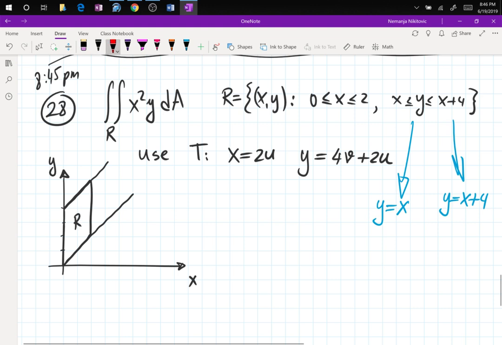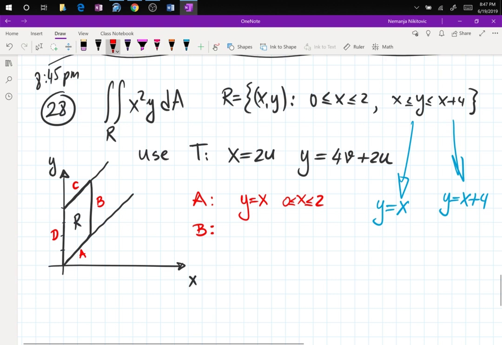For this region R, I have 4 parts that I need to transform. So now I have to figure out what A is. If you take a look at A, that's the function y equals x, and x is between 0 and 2, sorry.